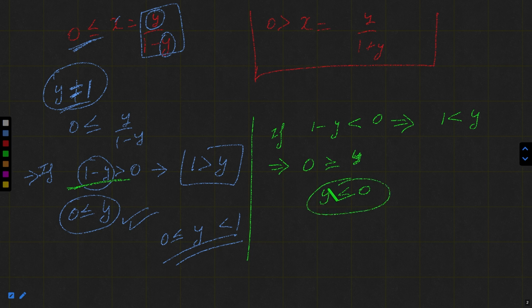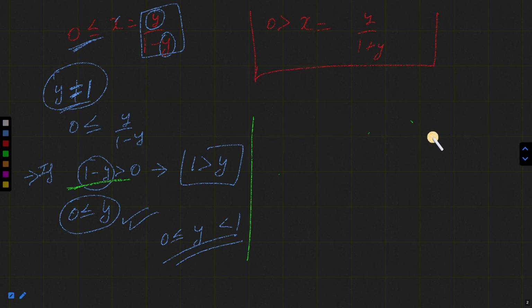Can y be greater than 1 as well as less than or equal to 0? This cannot happen. So this case cannot occur, and that's why we cannot take 1 minus y less than 0.